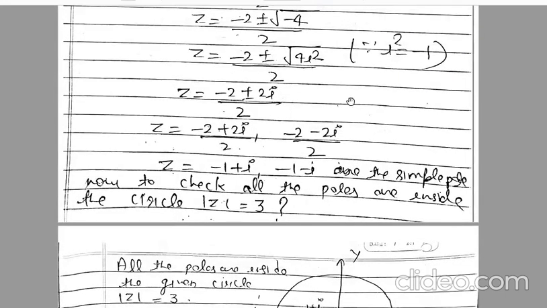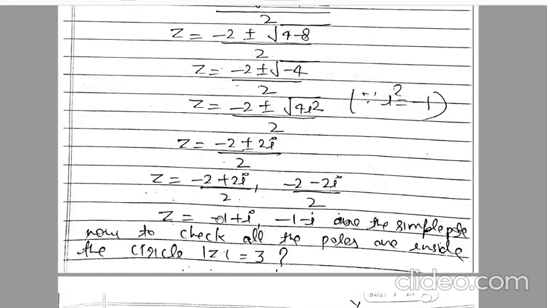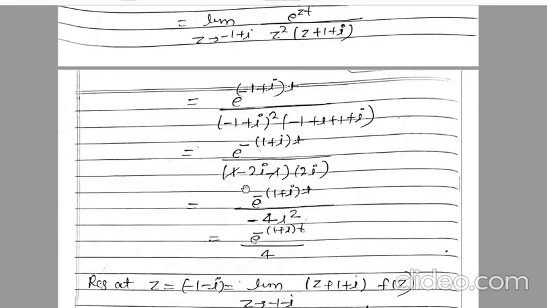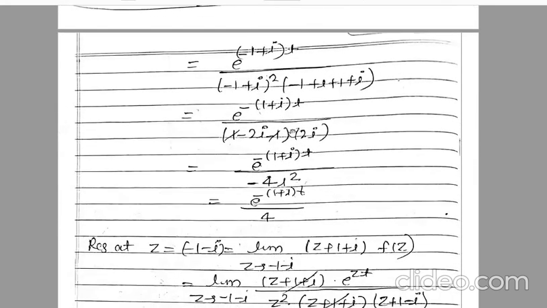So z square plus 2z plus 2, you have already found its factors, and its factors are (z plus 1 minus iota) and (z plus 1 plus iota). So you can write z square plus 2z plus 2 as (z plus 1 minus iota) into (z plus 1 plus iota). So this will be cancelled out, and only this value will remain, and put z is equal to this one. So after solving these steps, you will get your residue as e to the power (-1 plus iota) t upon 4.